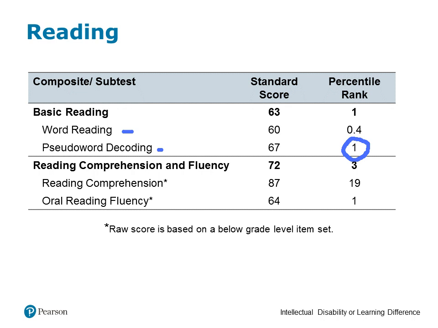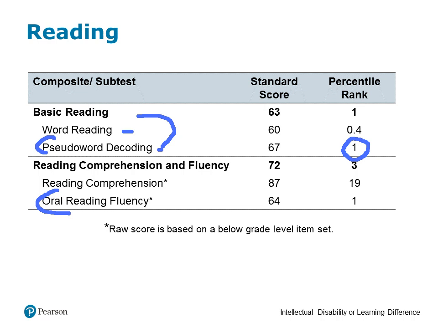When you look at reading comprehension and fluency, well, before I look at reading comprehension and fluency, I want to say that both of these subtests for basic reading assess accuracy, right? So if you can't read the words or name the words accurately, and you don't have the decoding skills to figure out the word, you will also struggle to read fluently.